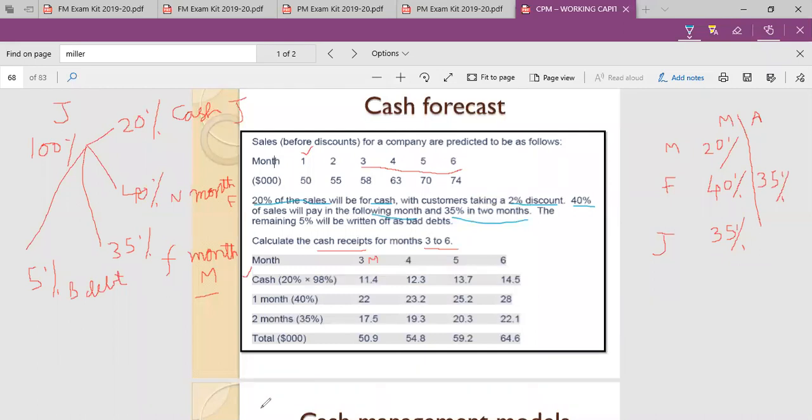So if this is the logic, see each month.